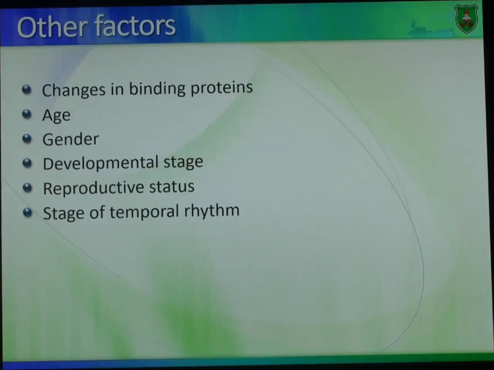We have age as well, that can play a role in determining the level of hormone in the blood. Changes in the binding protein, the level of this binding protein, the developmental stage, especially in the embryonic stage, the reproductive status, whether a person is reproductively active or not, and the stage of the temporal rhythm as well for certain hormones.